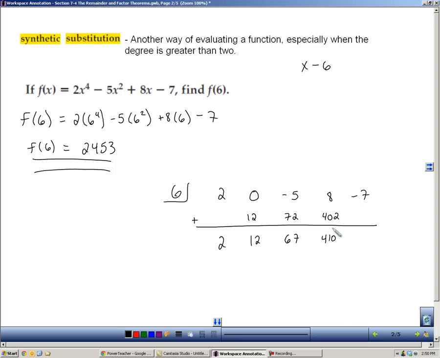And then 6 times 410 is 2,460, which when we add to -7 is 2,453, which is my remainder when I use synthetic division, but that's also the value when I plug f of 6 in. So you see that we can plug values in using the function, but we can also use synthetic substitution to find what a function evaluated is at that number.